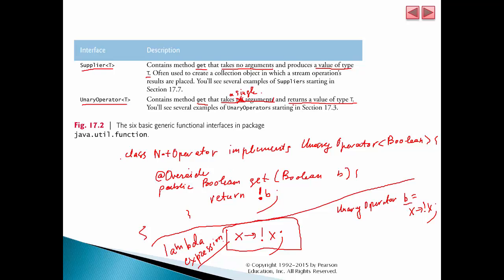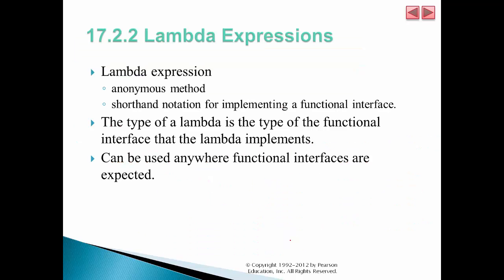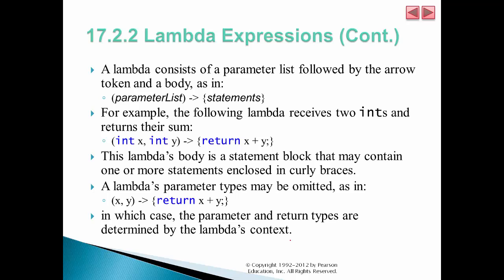You could have said new NotOperator, or you could have said this entire thing like this. So as you can see, it's a shorthand notation for representing the implementation of these SAMs. So let's look into other different types of Lambda expressions and how we can specify them.